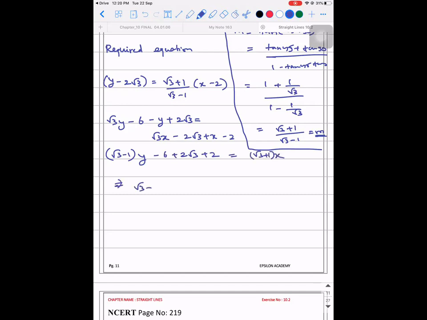So which implies root 3 plus 1 into x minus root 3 minus 1 into y is equal to 2 plus 2 root 3 minus 6.